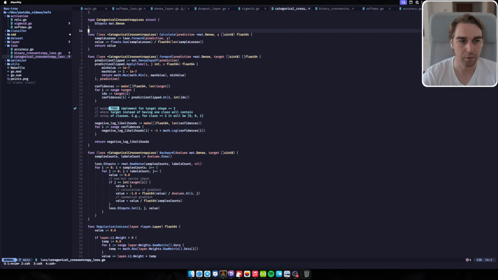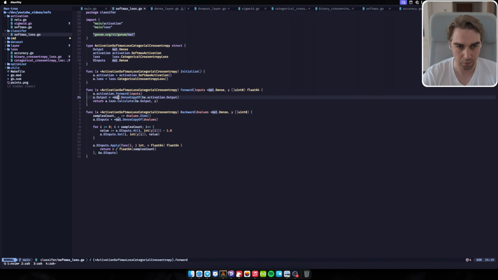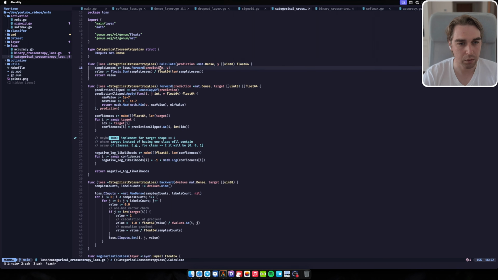For example, where it's used to calculate, it's used in the forward method. It takes the output of the activation function, which is two-dimensional, and it takes the y, right? And here it calculates the forward. It makes a copy, adjusts the values, but it's two-dimensional. Then we calculate the confidences. Predictions clipped.